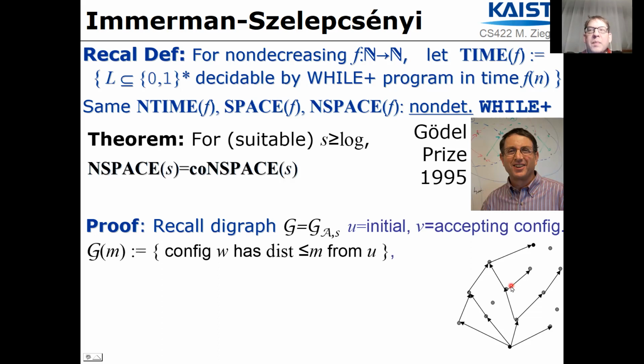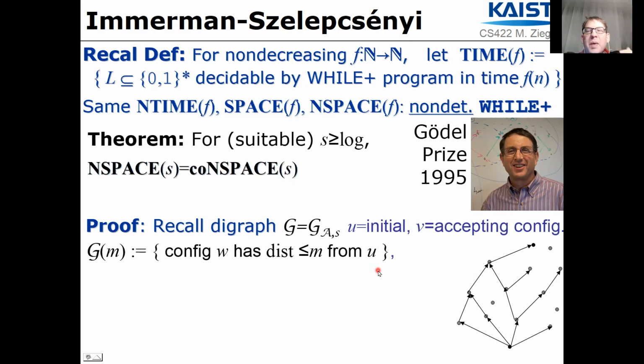Let's introduce some refined terminology, namely G of M, where G is this directed graph, consists of all configurations that can be reached within at most M steps from the unique starting configuration. So we introduce a distance on this graph.